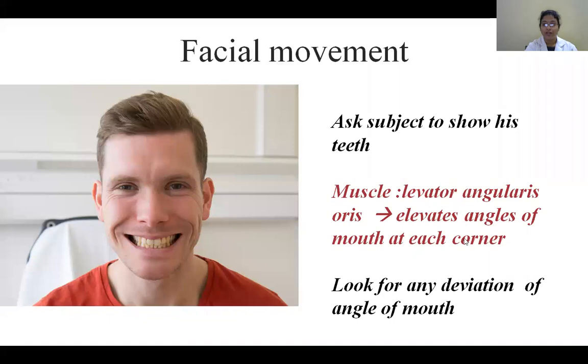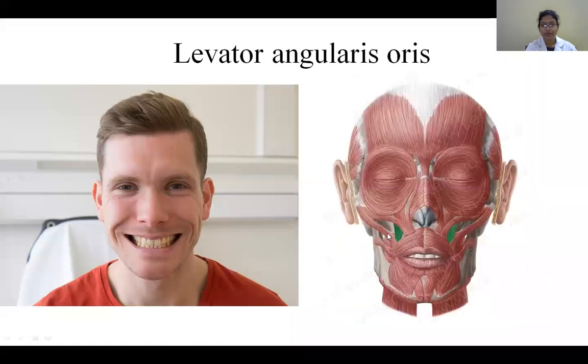So a very important sign we look for is any deviation of the angle of mouth. So if there is palsy of this muscle, the angle of the mouth won't be elevated, and there you can see drooping of this side of the angle of mouth. So this is how the levator anguli is located. When it contracts, shortening of this belly causes elevation of the angle of mouth.